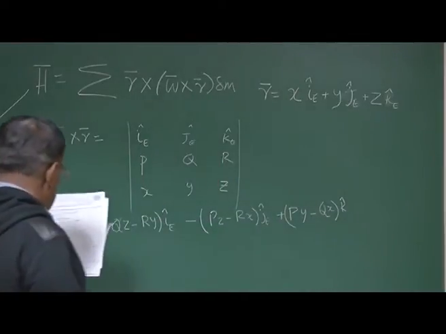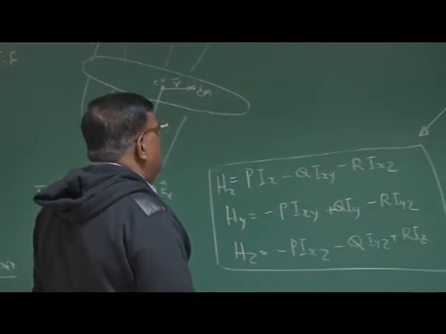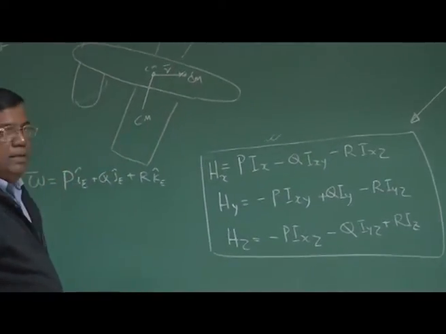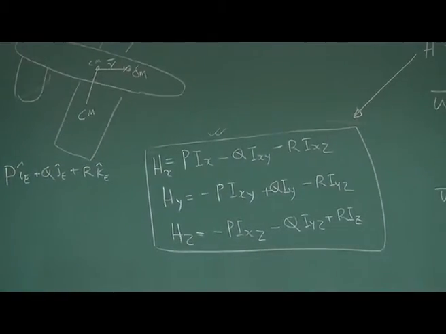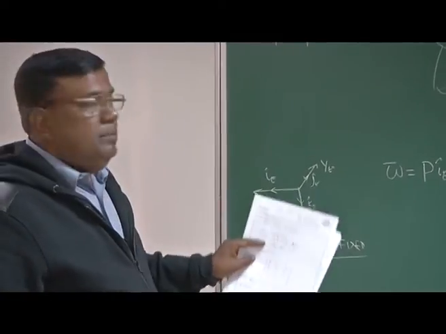How do I get this? We are trying to understand how we got this expression Hx, Hy, Hz, which are the components of angular momentum of the body along the earth-fixed XE, YE, ZE axis system, right?